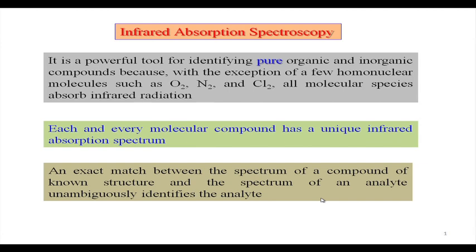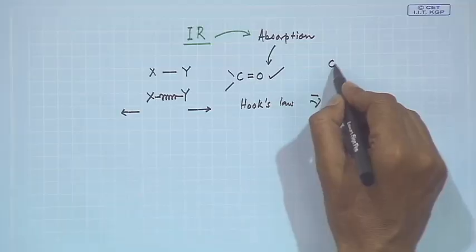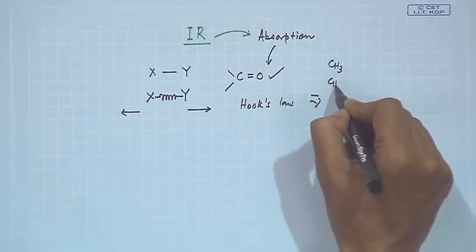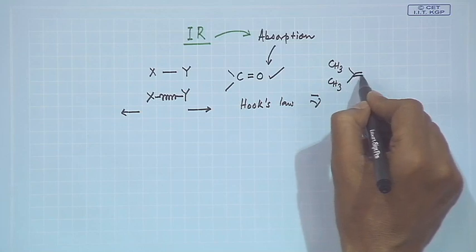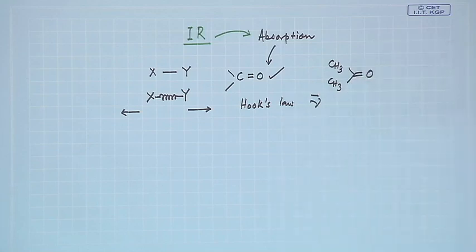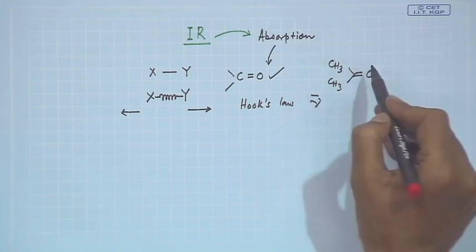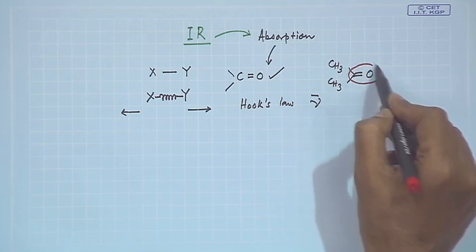Suppose acetone is there in any other liquid or any other solvent. We can run the corresponding IR spectrum, and when we record it, we find that the characteristic spectrum for the acetone is present, and we can find out by looking at the corresponding stretching frequency for C-O, because we all know that acetone is nothing but CH3 CO CH3, and this particular part, that means the CO part, is present in the acetone.